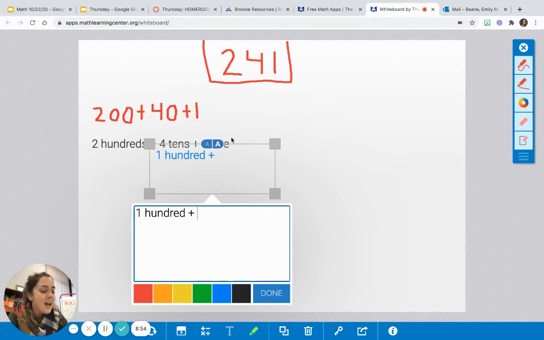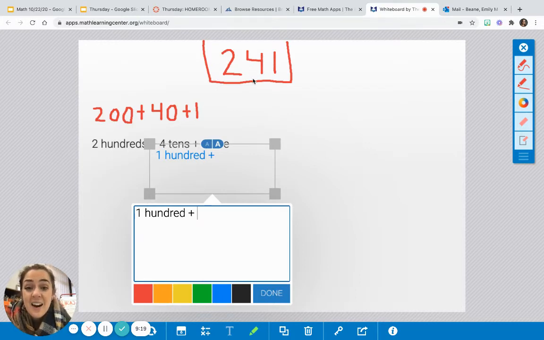So if I have 100 and I add that to my tens place, so I took one of my hundreds away, I broke it apart into sticks, and I'm adding those sticks that made the 100 into my tens place. So I'd have the 4 tens that I already had plus the 10 sticks or the 10 tens that I took from the 100.